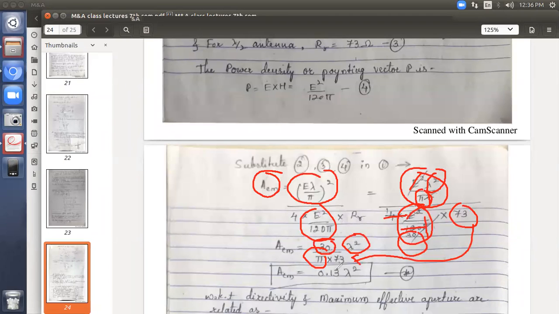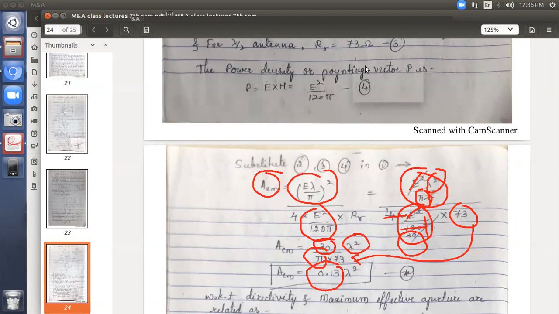So with all this, if you calculate this value 30 divided by pi into 73, you can check it, you will get 0.13. What was the value we got in the earlier short dipole? What was AEM? Can anybody? 0.119. Yes, it was 0.119 lambda square. Here it is 0.13 lambda square.